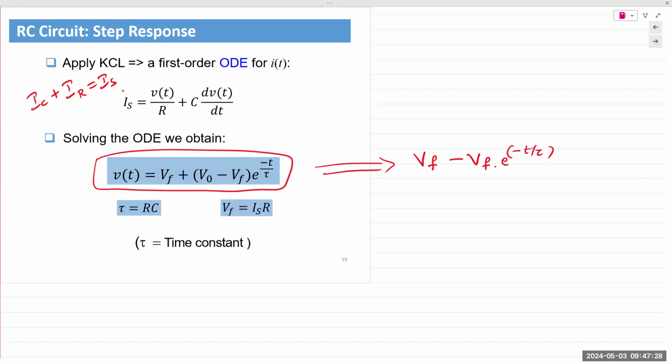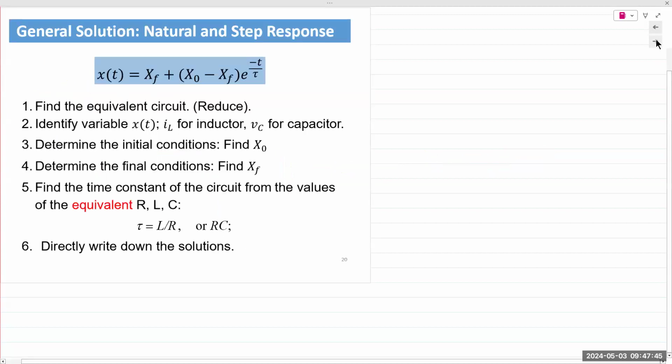So whether it's charging or discharging, it doesn't change the time constant. This is the only equation you need. You don't need anything else. Okay.